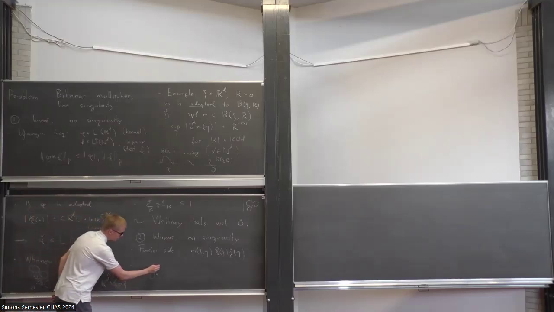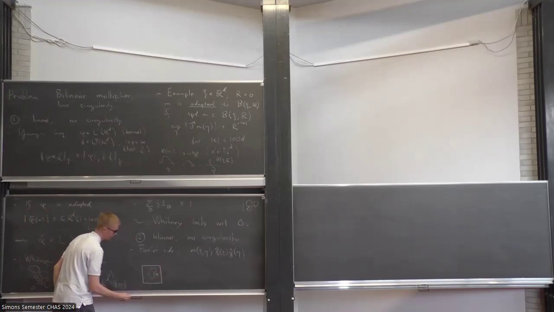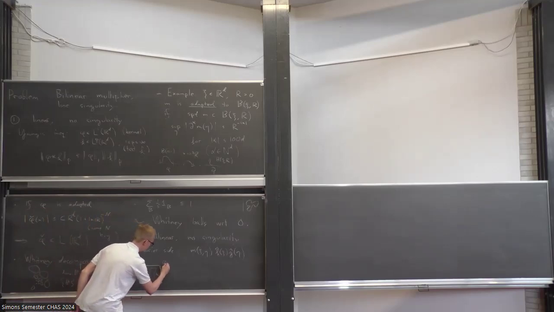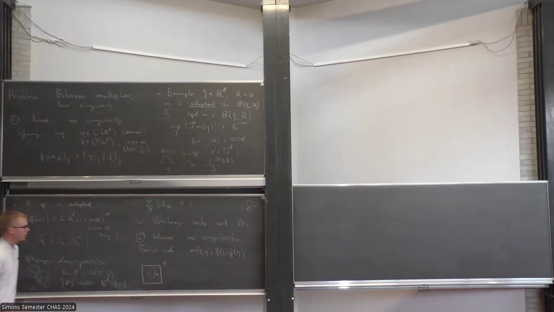So the idea is that we insert a square, which we call Q, that contains the support.